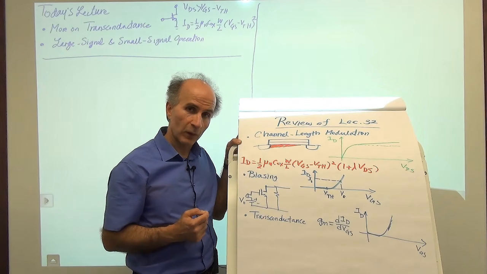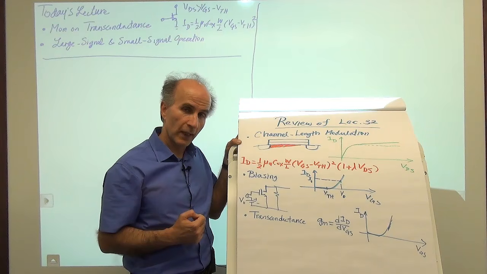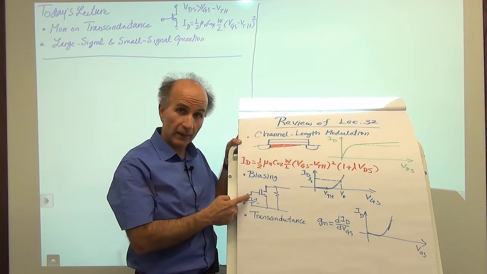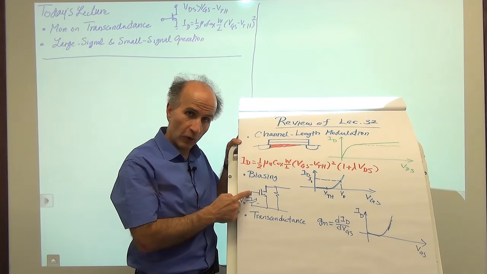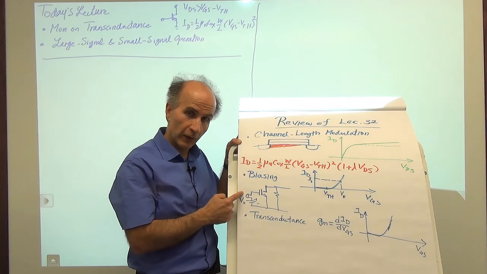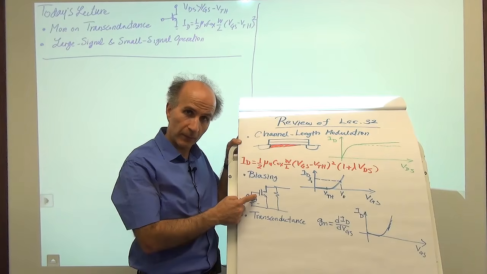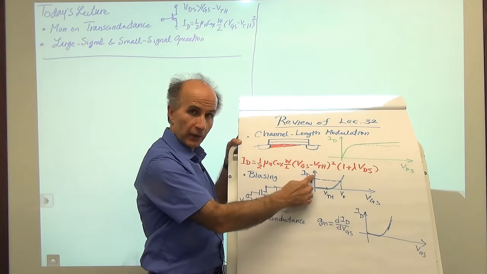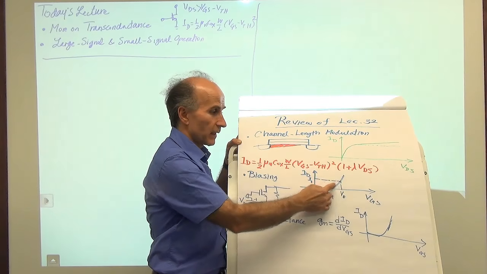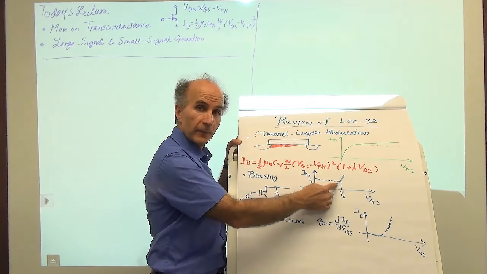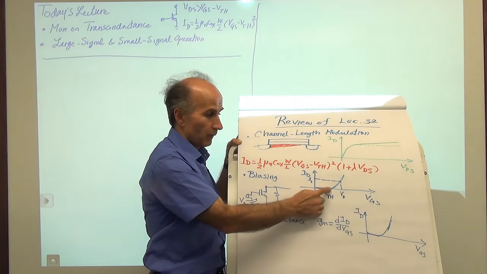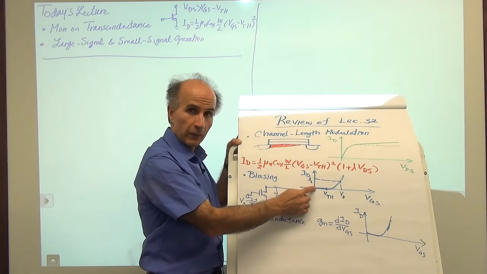So we realized that we have to apply a certain voltage between the gate and the source even before a signal is applied to keep the transistor alive, so to speak. We saw that if we apply a certain voltage, we have a certain current, and that allows the drain current to be a sharper function of the voltage than if we are over here or if we are over here.